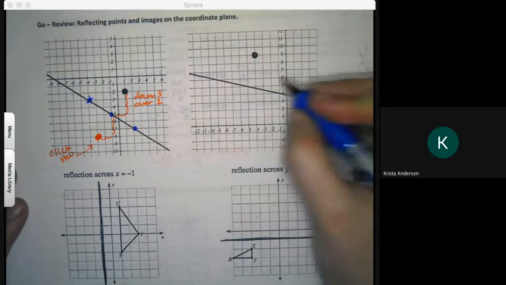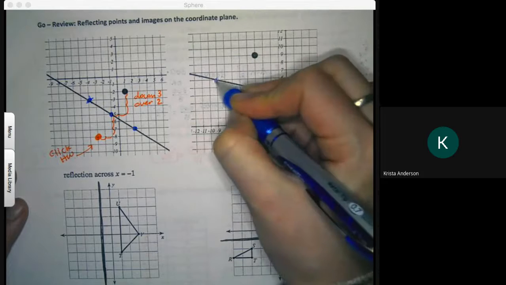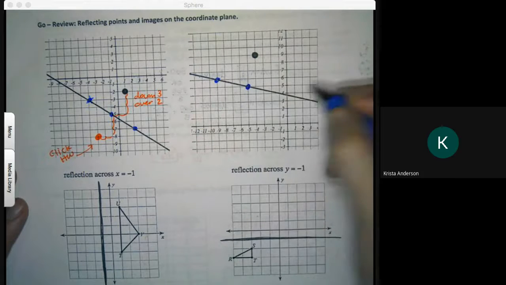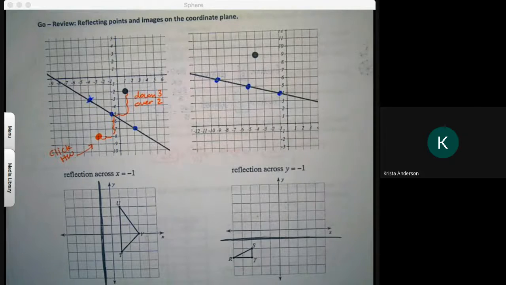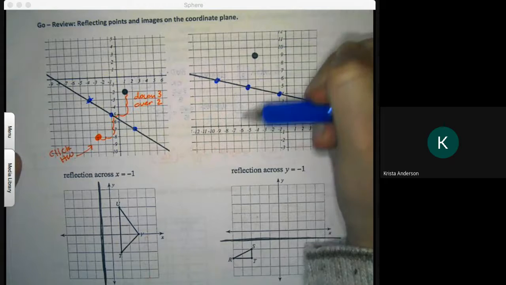The graph on the right, I'm going to highlight the whole numbers. I look for the point that would make it perpendicular to the line. I think it's the middle one again. Yep, the middle one would create a perpendicular line.